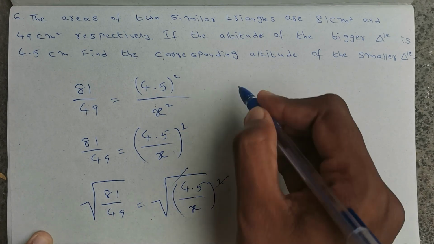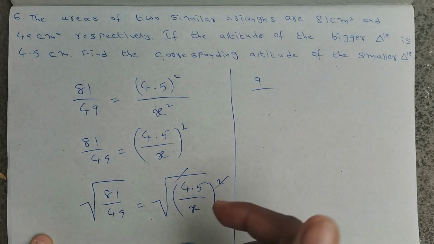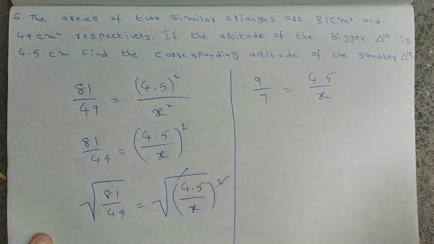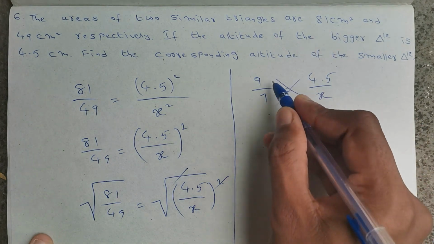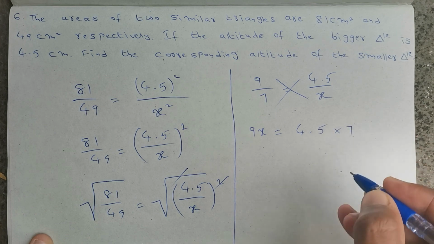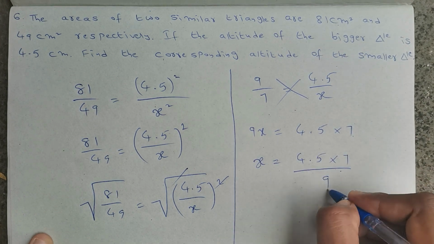Here square root and square will get cancelled. Root 81 is 9 divided by root 49 is 7 is equal to 4.5 divided by x. I will do cross multiplication. 9 into x, 9x is equal to 4.5 into 7. X is equal to 4.5 into 7 divided by 9.